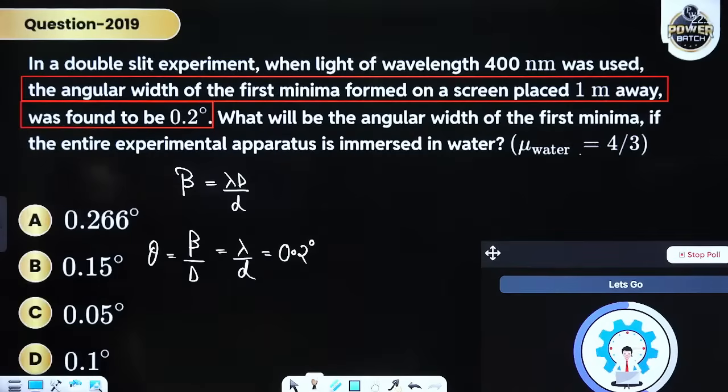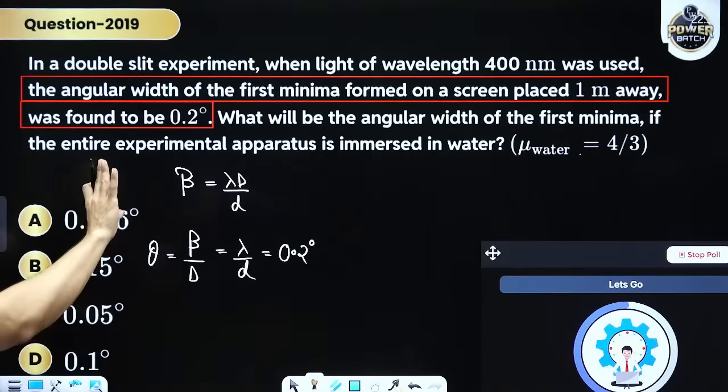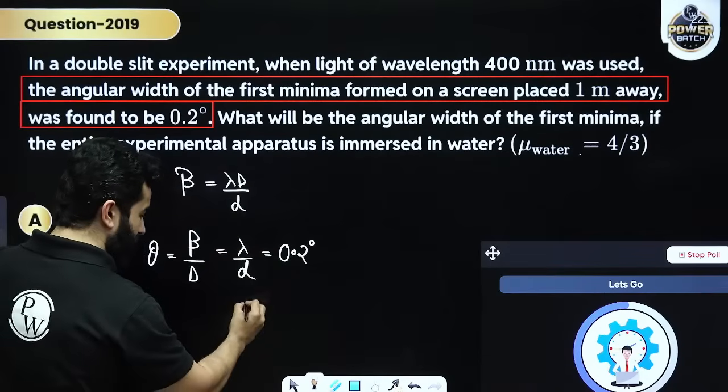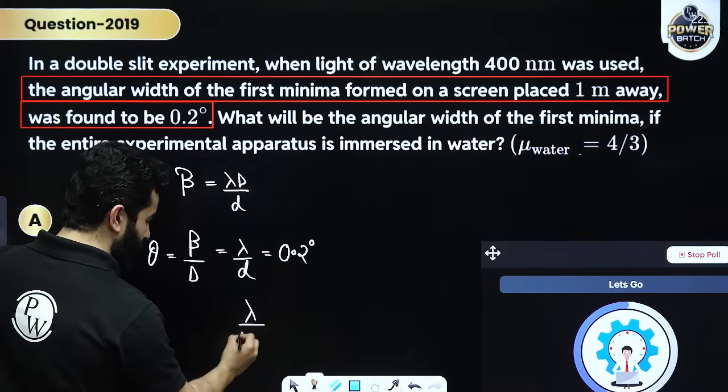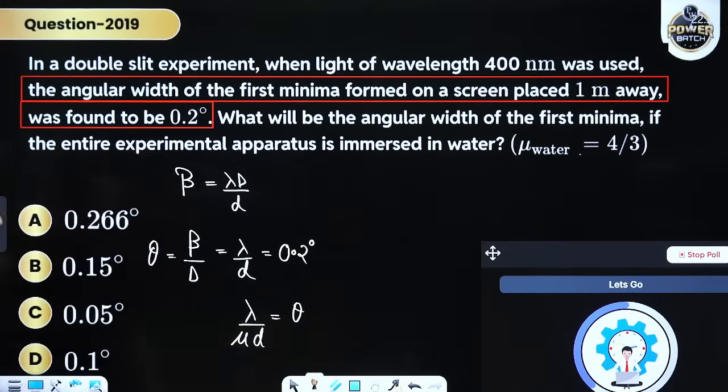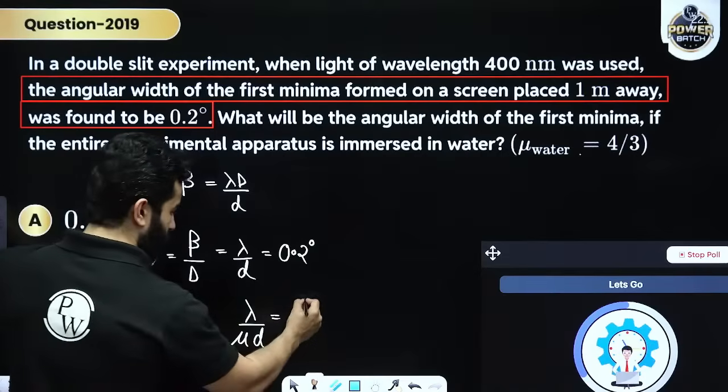Now they are asking what will be the angular width of the first minima if the entire experiment is dipped in water. It will become lambda divided by mu times d, and this will become theta dash.